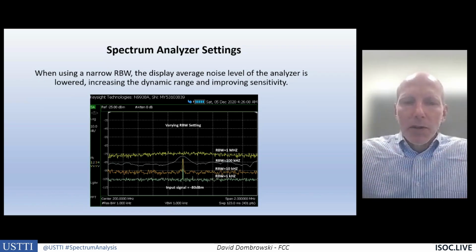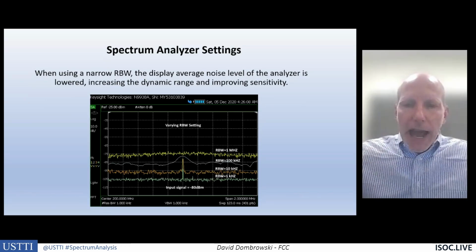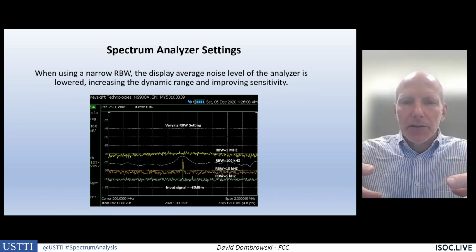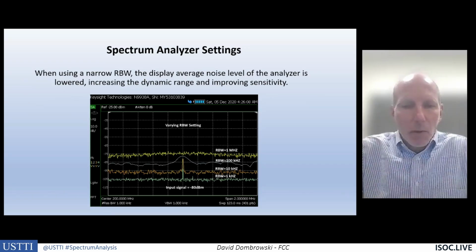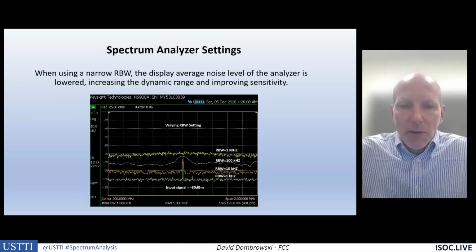And so our noise floor is going to be much higher because it's adding all that noise and all that energy from those radio signals together. And our average noise floor is a minus 75 dBm. That's very high. And we're not going to be able to look at very weak signals because our filter is so wide.